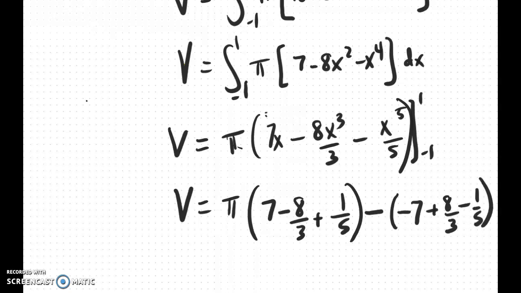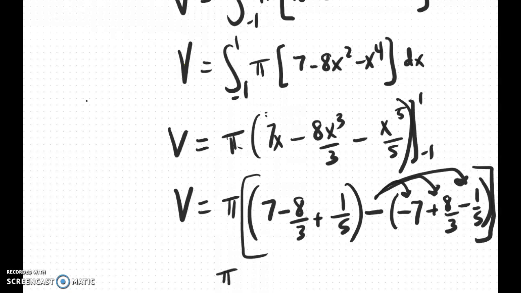But then I have to distribute out this negative sign to all of those, and I end up with this.